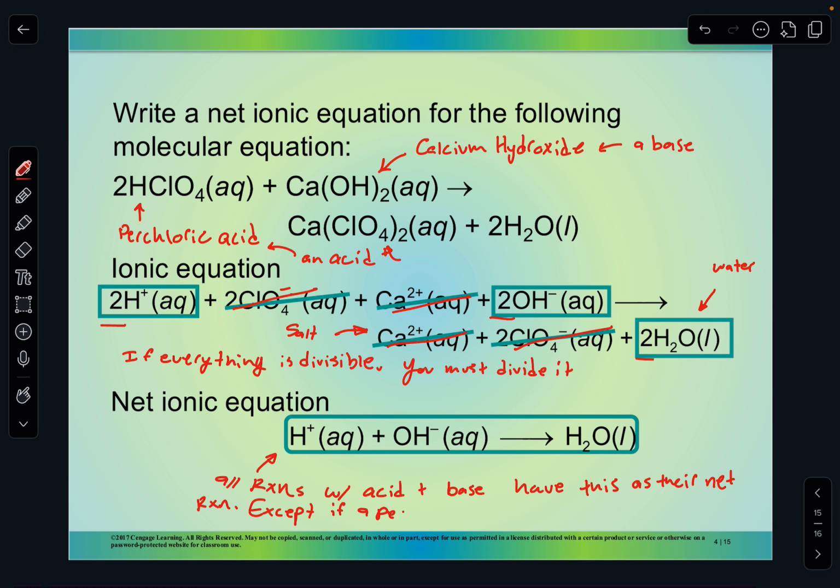A precipitate is formed. All reactions with an acid and base are going to have H plus OH minus going to H2O as their net reaction, except if a precipitate is formed.